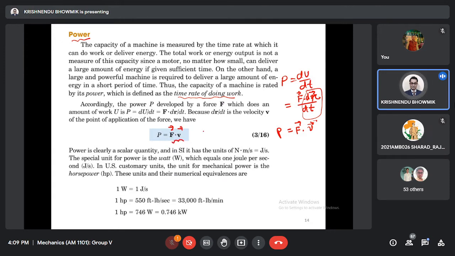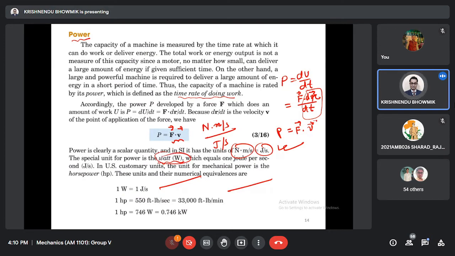The unit is newton meter per second, or people write joule per second, which is nothing but 1 watt. So this is the power.